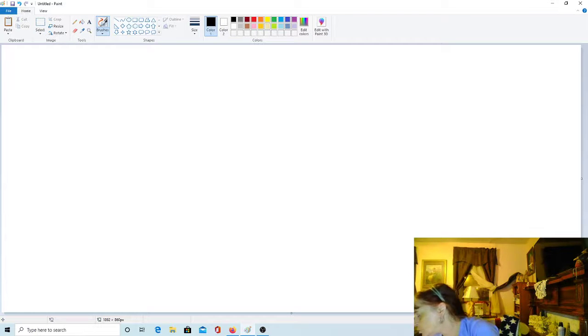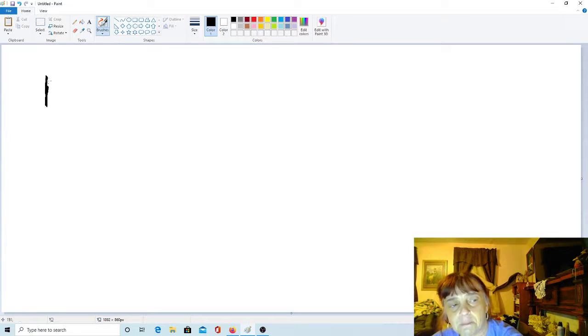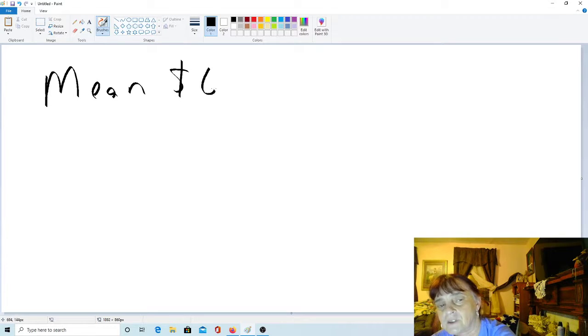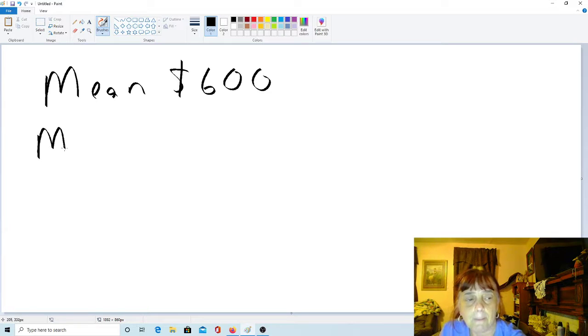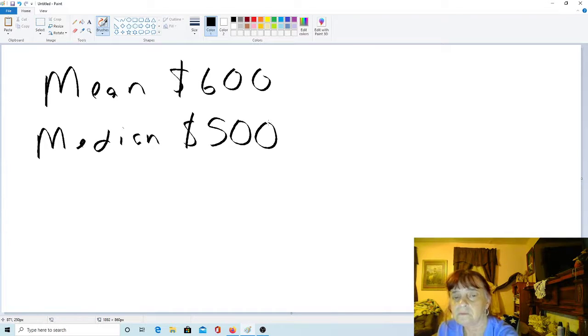Now, for this construction company, let's say the mean salary is 600. Okay, the average salary. The median salary is 500. The mode is 500.